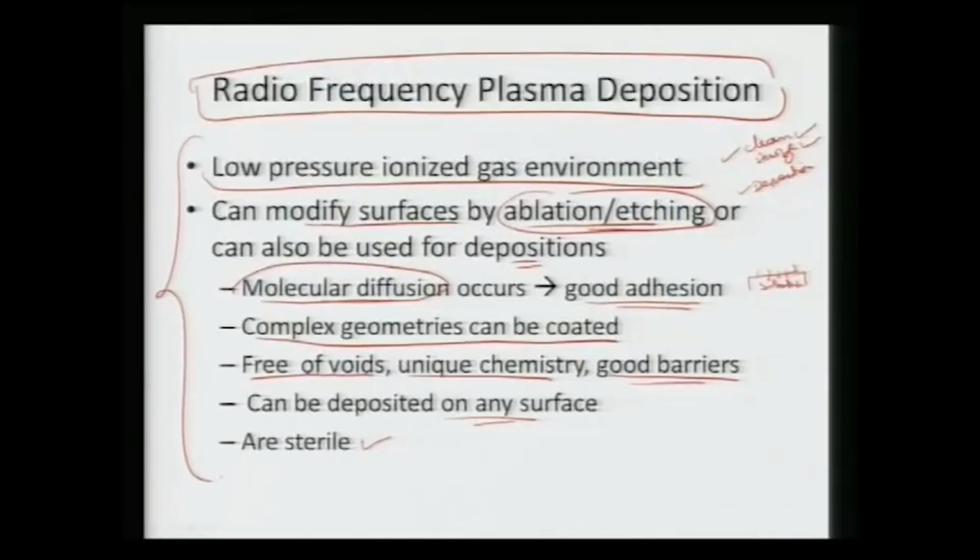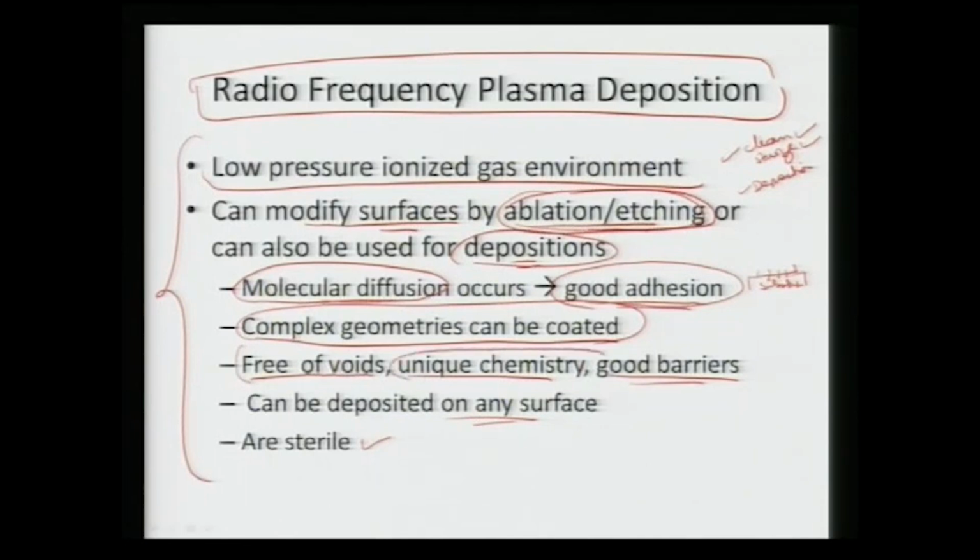So, in this case we are modifying the surface, we are also cleaning it, we can also etch or ablate the surface, we can also utilize it for deposition, and since it renders molecular diffusion, it can provide very good adhesion of the coating with the substrate. We can allow very complex geometries to be incorporated, and because of its high energy, it can render coatings which are free of voids.